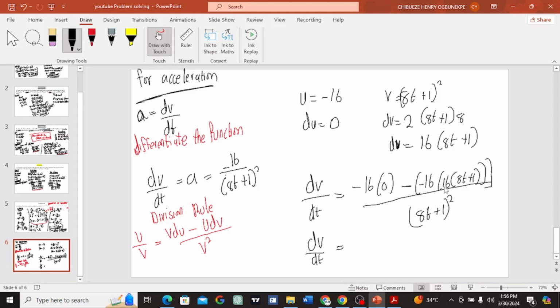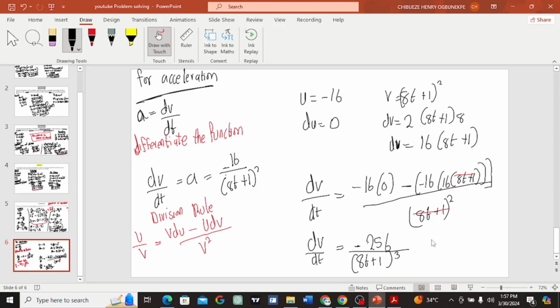Negative 16 multiplied by 16 gives us minus 256. When 8t plus 1 cancels 8t plus 1, it will be 8t plus 1 raised to the power 3.